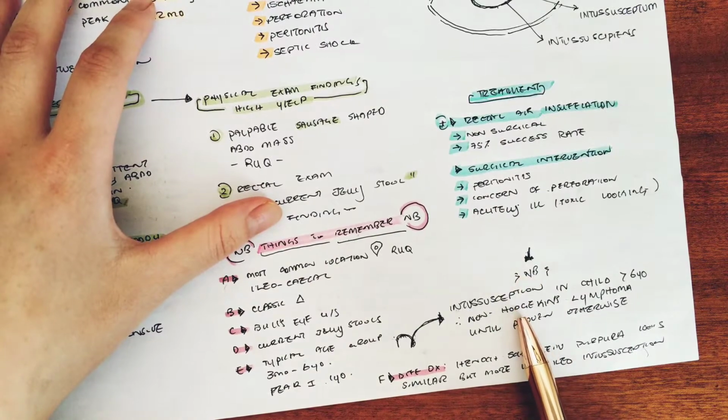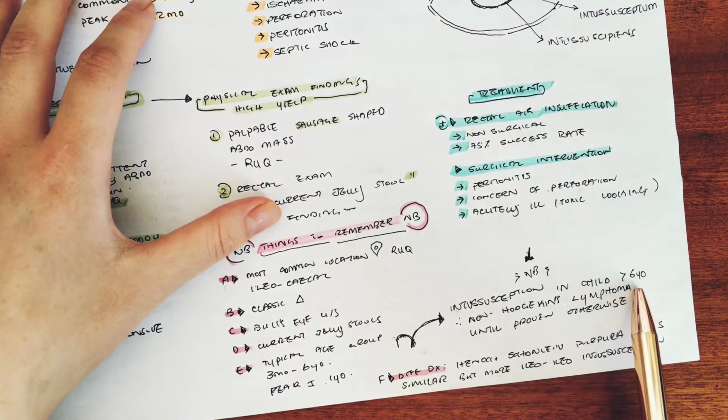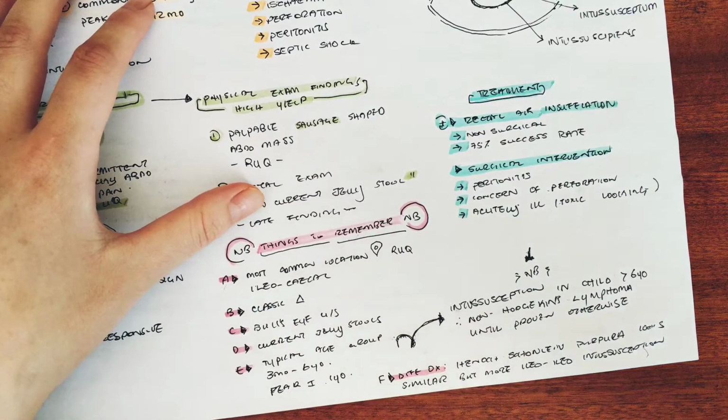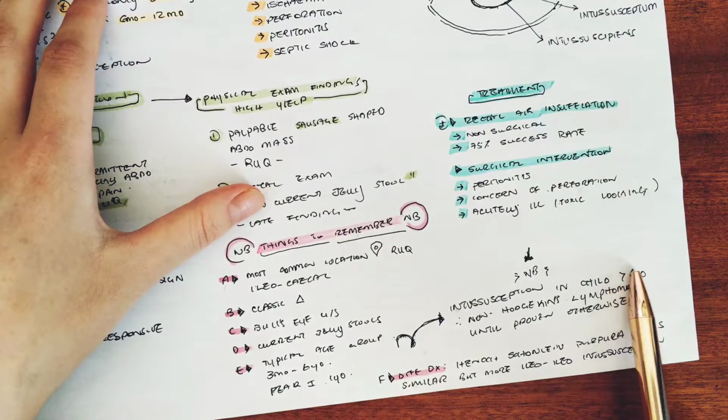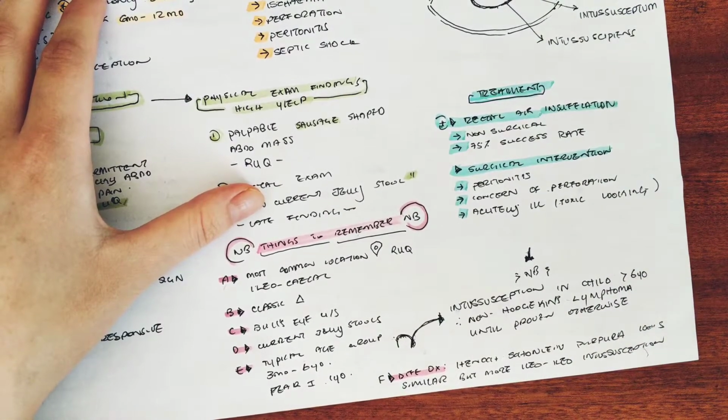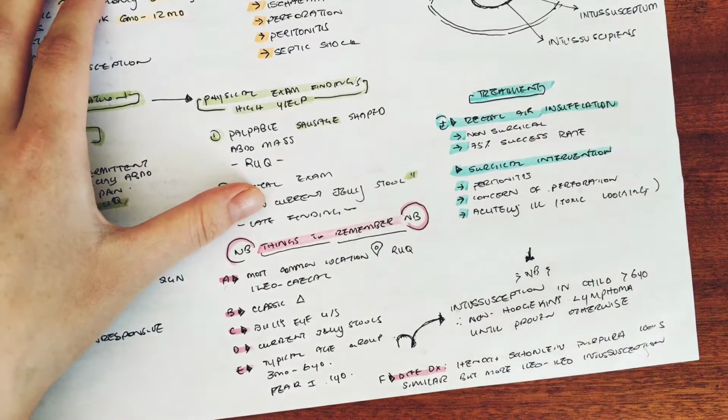So importantly, intussusception in children above that of 6 years, you have to suspect non-Hodgkin's lymphoma until it is proven otherwise, because above 6 years of age, they usually don't present with intussusception then.